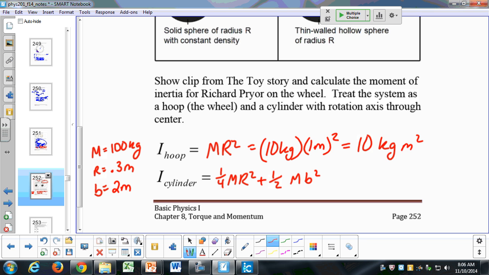All right, so if I do a quarter of 100 times 0.3 squared, plus a 12th of 100 times 2 squared, that gives me a moment of inertia of 36.